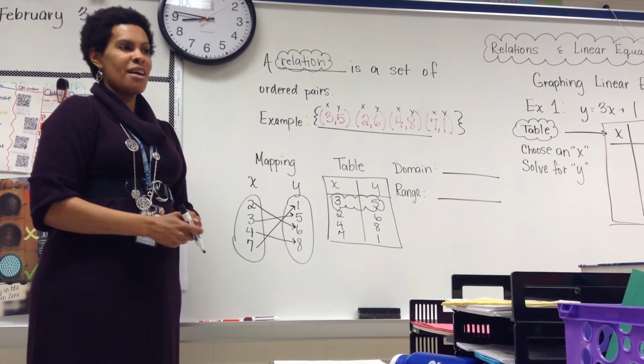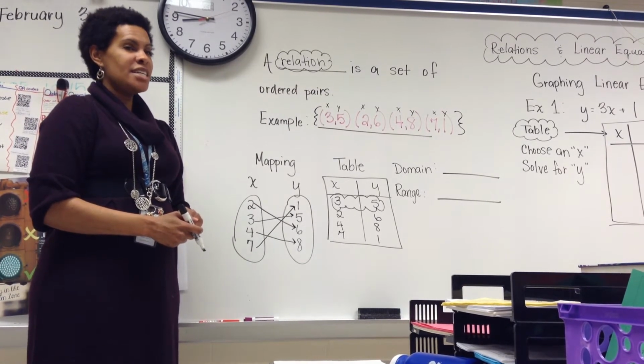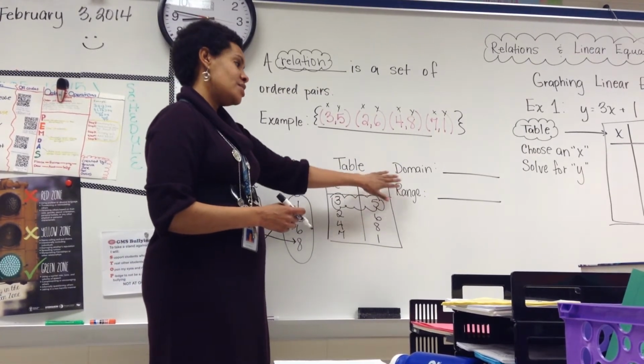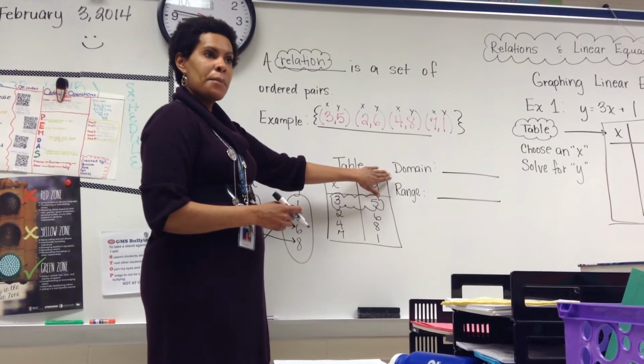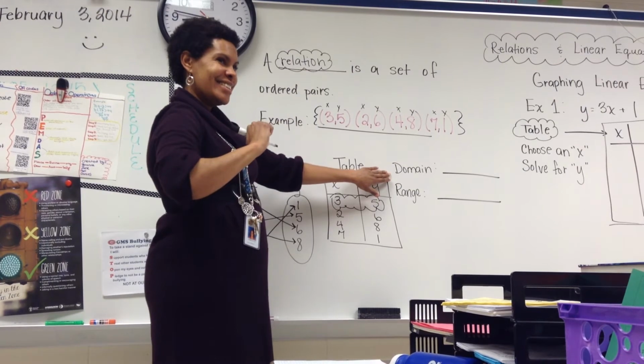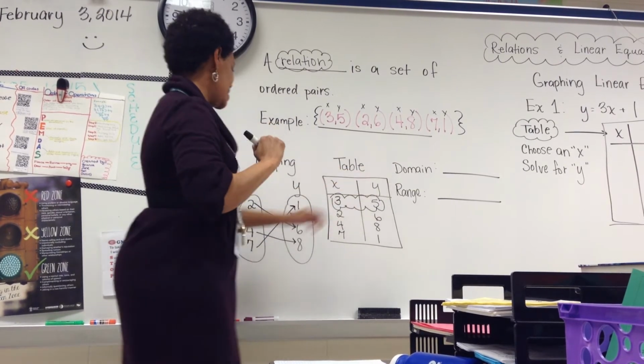Domain. That's a vocabulary word for us. Who can tell us which values, our X or our Y values, go with our domain? The X values, perfect. So I'm going to cheat.